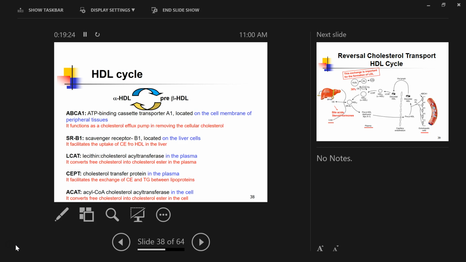And this receptor is basically functioning in facilitating the uptake of cholesterol from HDL. Sorry, I think somehow I'm missing a word. So it facilitates the uptake of cholesterol into the cell.